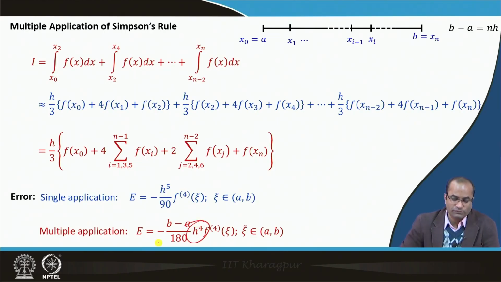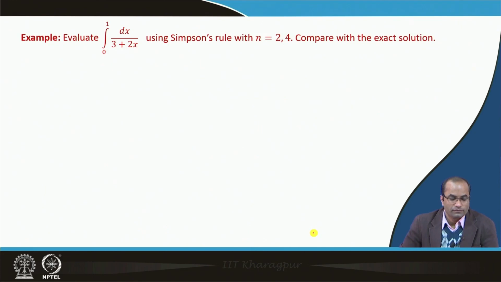So, as we see from the error itself, now we have h^4 terms, whereas in the trapezoidal rule we have the h^2 term. So, naturally this error will be small for small h, which is expected, because here we have now approximated with a higher degree polynomial.